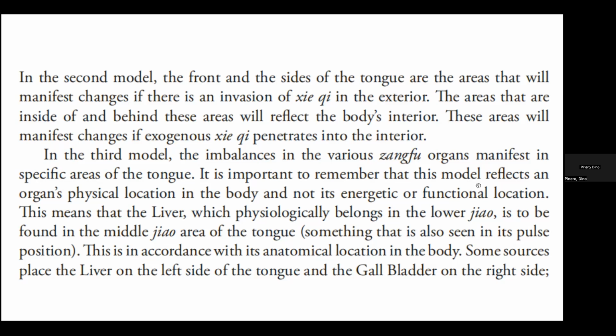This means that the liver, which physiologically belongs to the lower jiao, is to be found in the middle jiao area of the tongue. Something that is also seen in its pulse position. So, makikita po yung changes within the middle jiao sa liver condition, and mache-check po natin dun sa pulse position. This is in accordance with its anatomical location in the body.